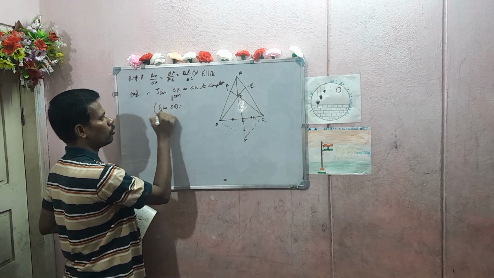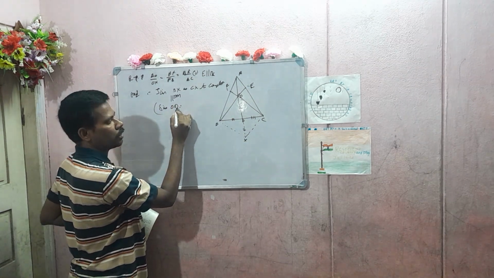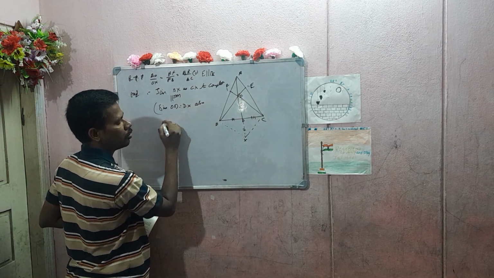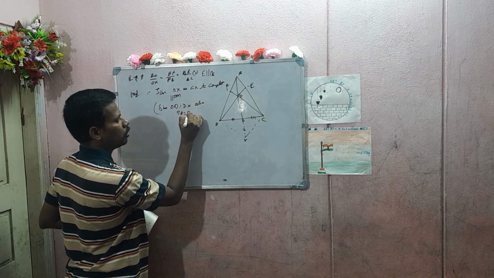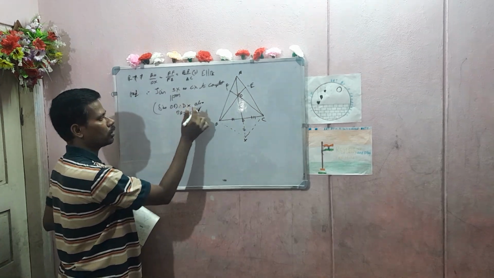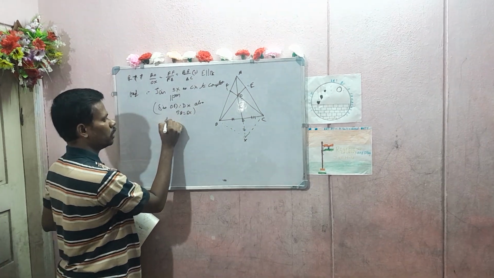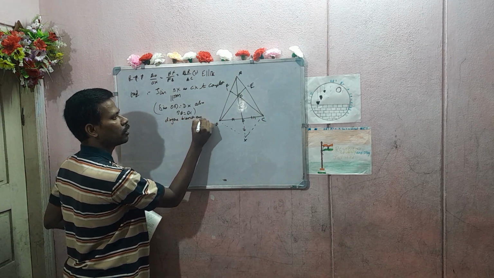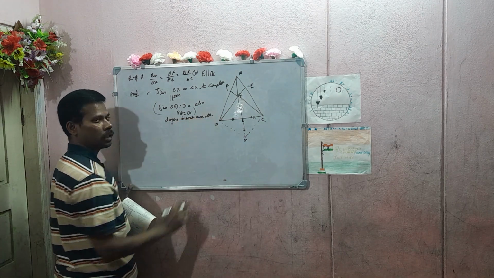Why do we have to complete the parallelogram? What is the meaning of this? Since OD is equal to DX, and also BD is equal to DC, the diagonals bisect each other. That is the meaning.